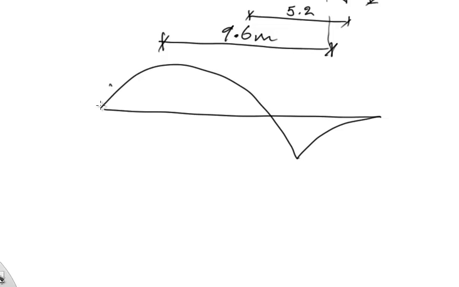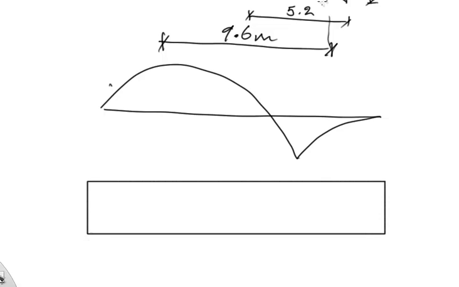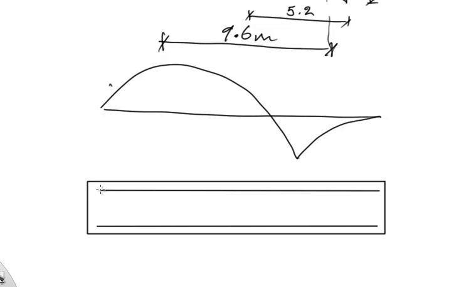But engineering is all about making it practical and economical, right? So the section that I'm interested in should have some reinforcements in the bottom and some reinforcements in the top.